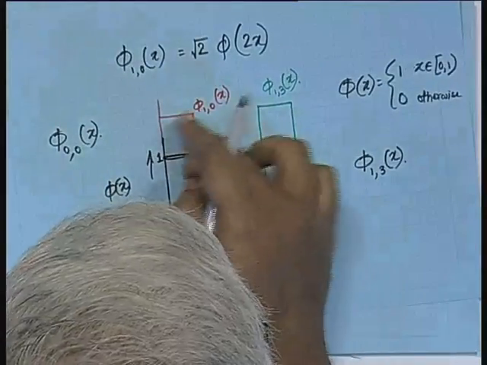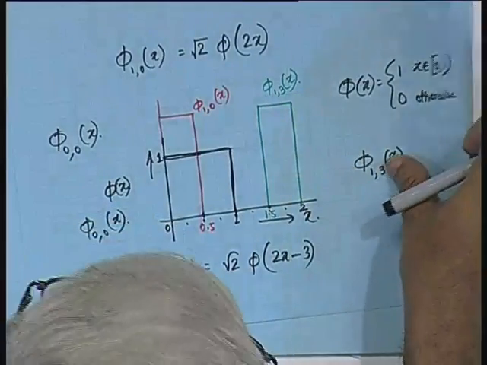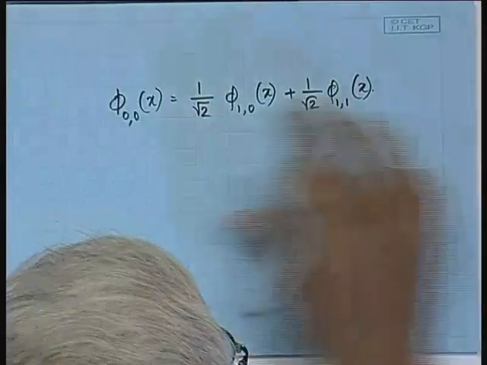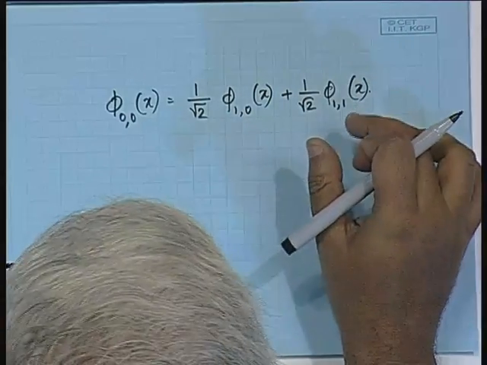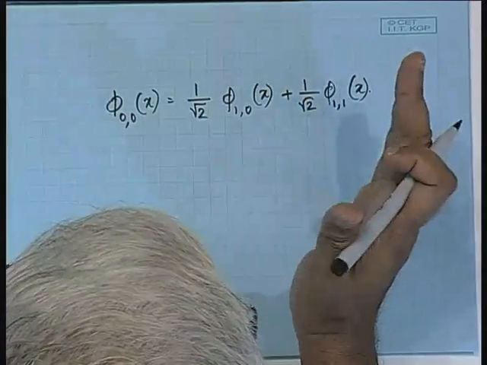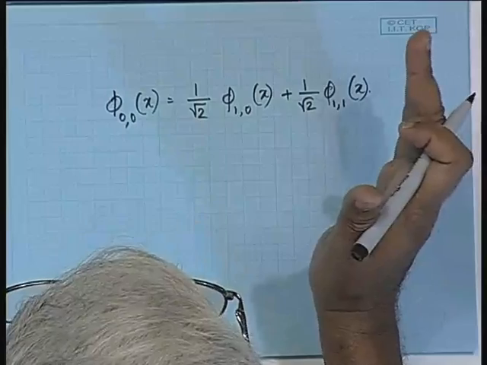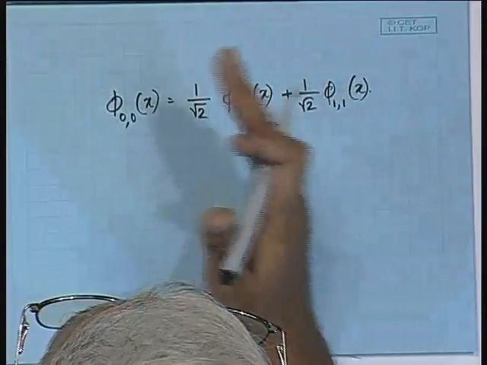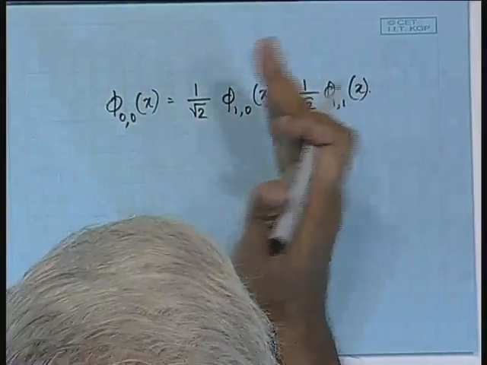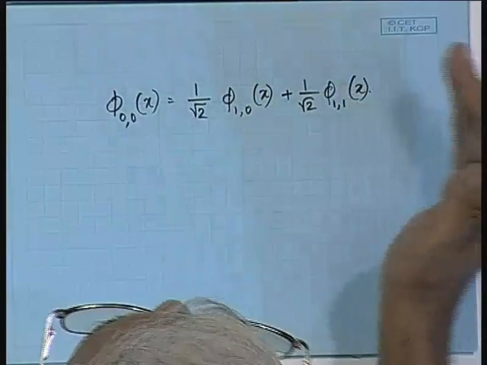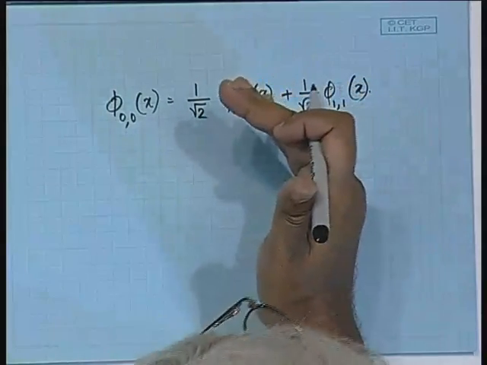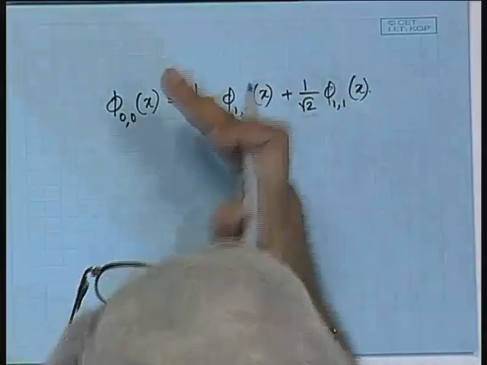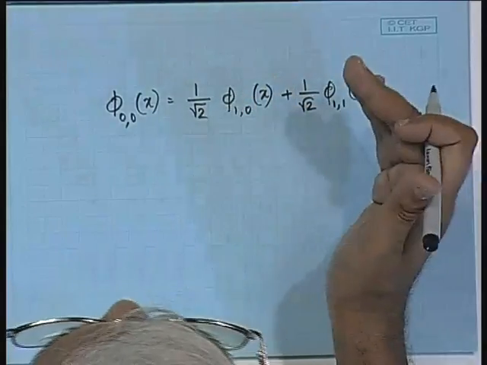So, add this with this. So, you are going to get this function. So, phi 0 0 you are now realizing as a series summation of the higher functions phi 1 0, phi 1 1. Now, this has become very simple because only these two terms will be sufficient to compose the signal phi 0 0.